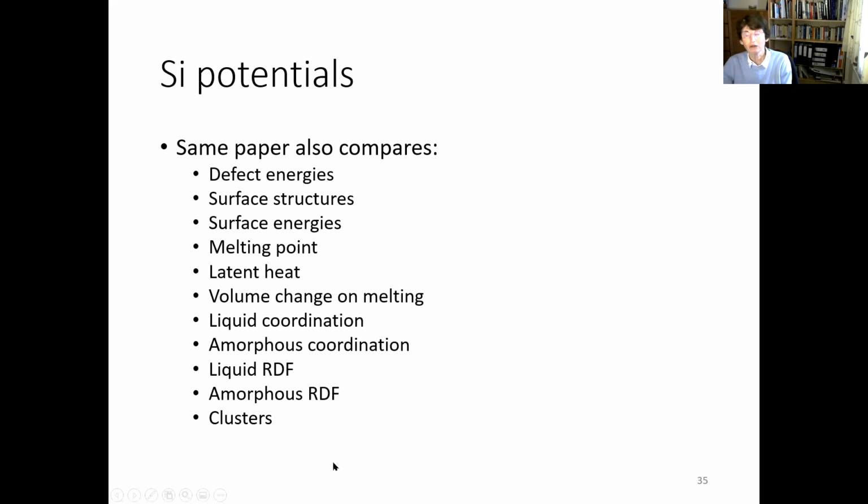But if you're looking for high temperature properties or even amorphous silicon, then you'd be more worried about your amorphous coordination and how well these strange structures do. This is just a pointer to say that depending on what you want to do, you'll have different types of potential.